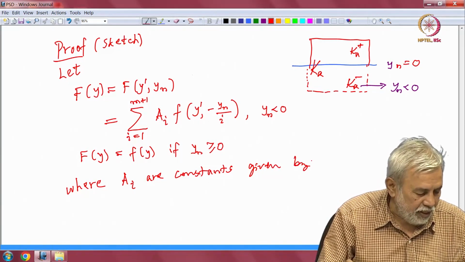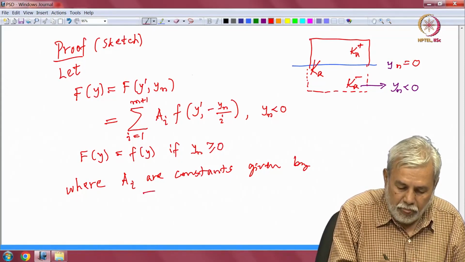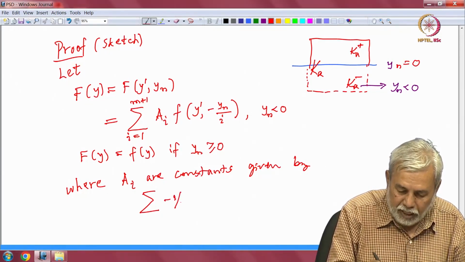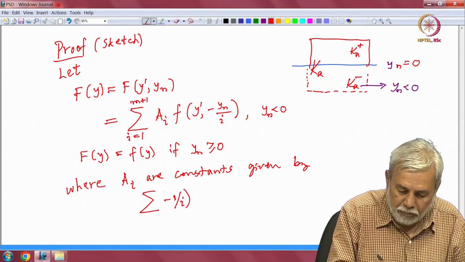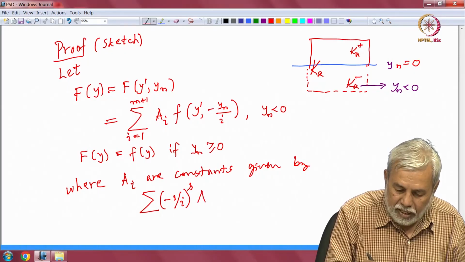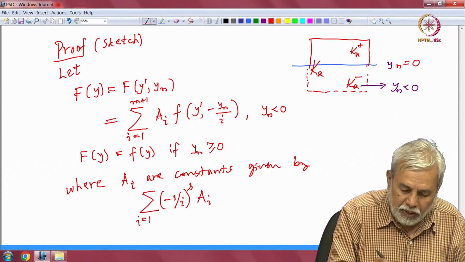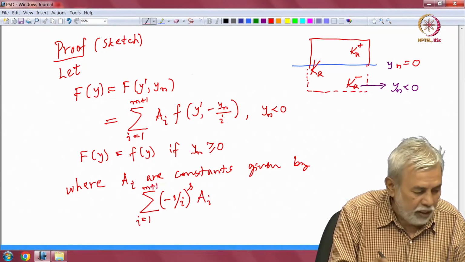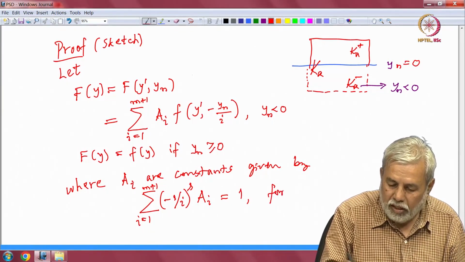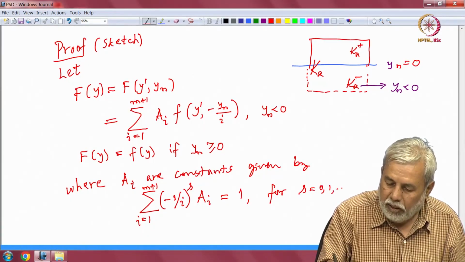okay, so just I will write down that. So this summation, minus 1 by i to the power s, a_i, so this is i equal to 1 to m plus 1, is equal to 1. So this is for s equal to 0, 1, up to m.